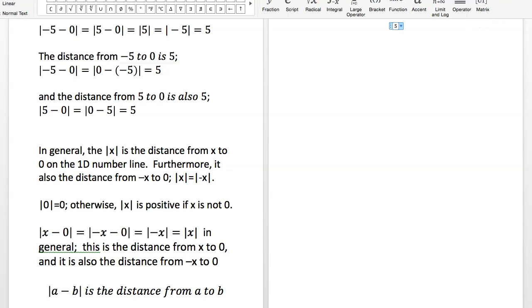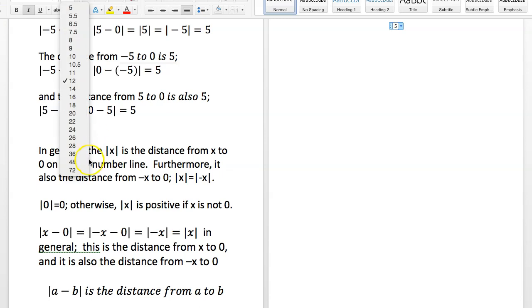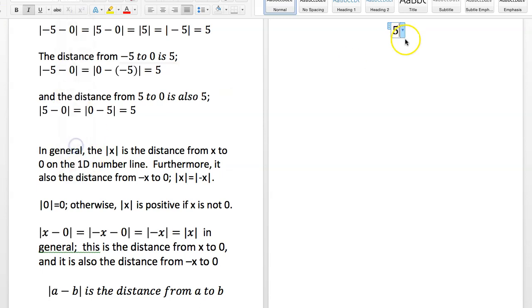Absolute value of 5 minus 3 is equal to the absolute value of 2, but the absolute value of 2 is just 2. Because absolute value takes a minus sign off if you have one, and if you don't have one, you don't worry about it. So the absolute value of 2 is just 2.